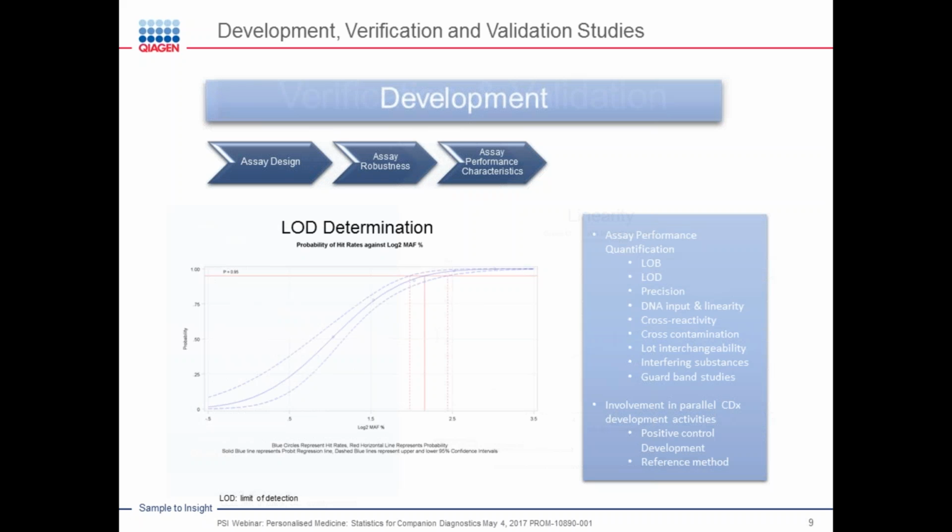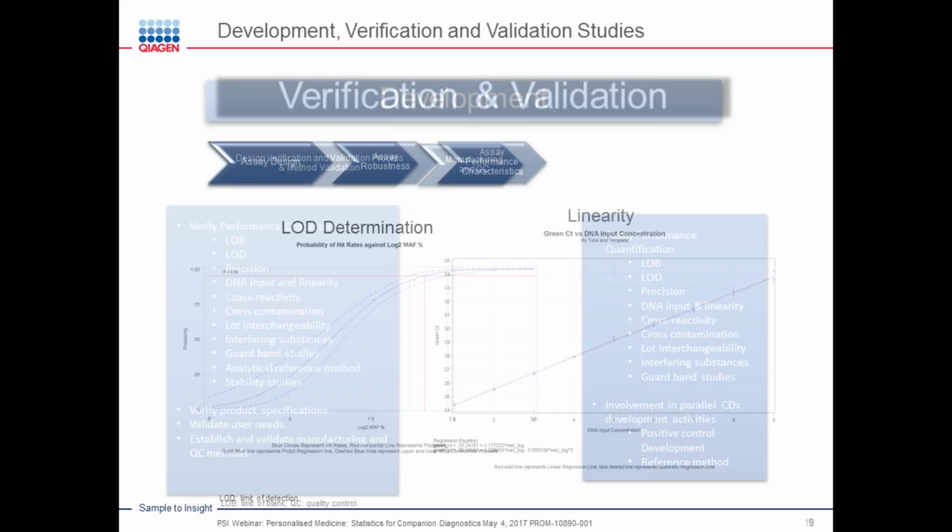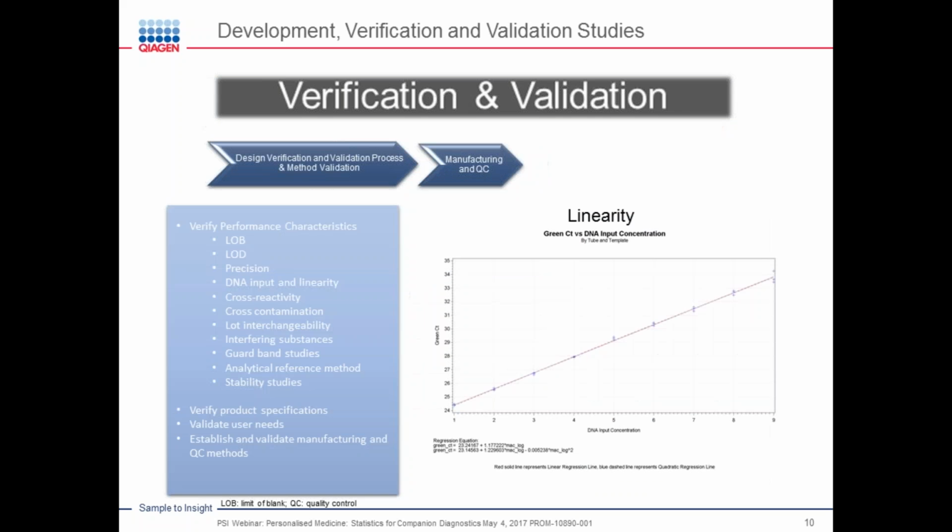So that very quickly completes the development stage of the process of developing the companion diagnostic. And now we move on to verification and validation. So for the verification studies, as I say, we now need to check all these performance characteristics that have been set.